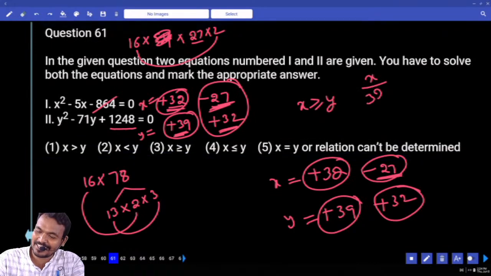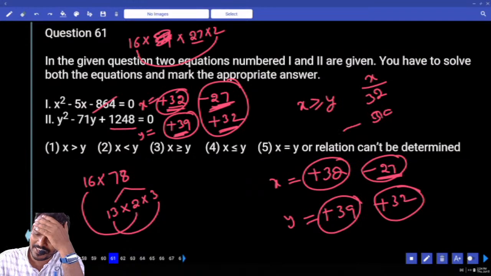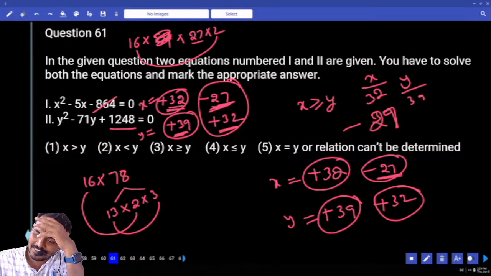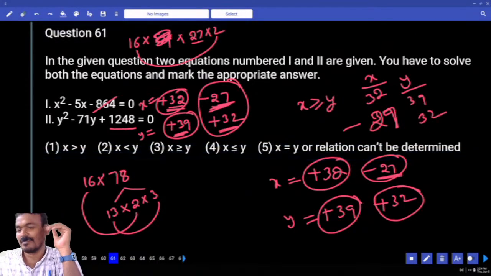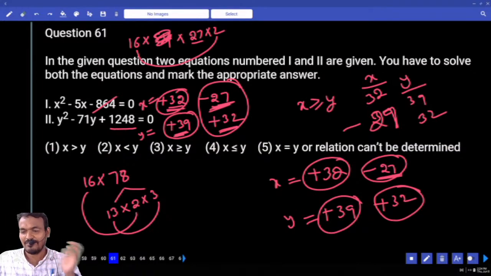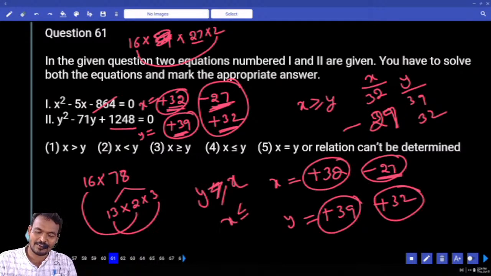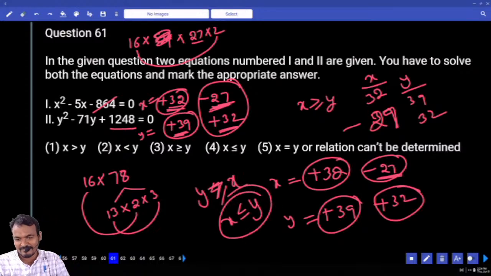Sorry, x values: plus 32, minus 27. Y values: 39, 32, or not? Y greater than or equal to x means x less than or equal to y.